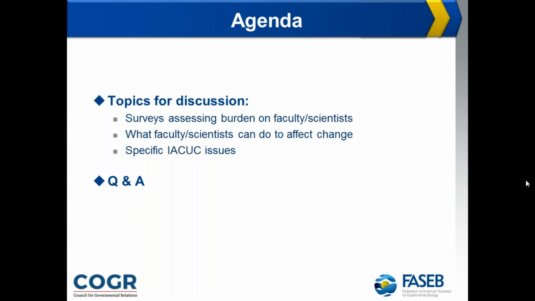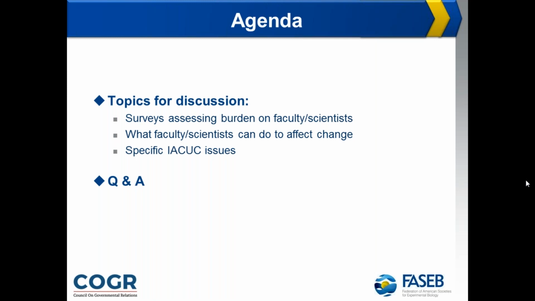But this is only possible if researchers understand the regulations and the policies governing the oversight of animal research and engage in the discussion. The second premise is that at least 5 national studies have been conducted in the last decade that have been directed at researchers, asking them to identify which specific administrative and research-related burdens are most onerous. And it's these results that have led to the Council on Government Relations survey.